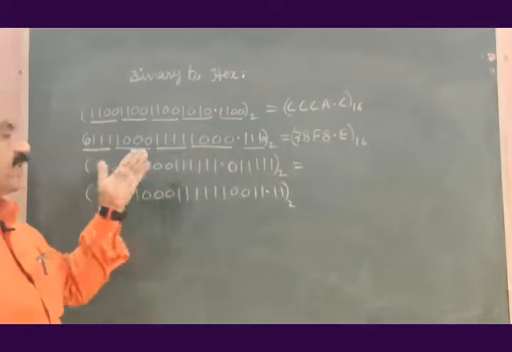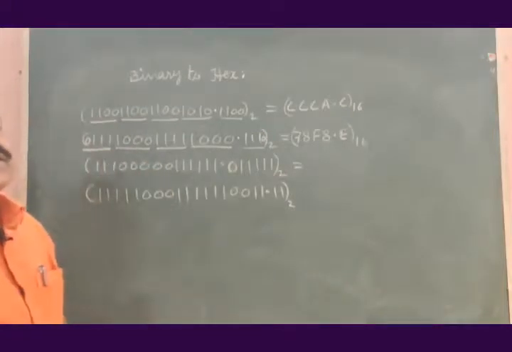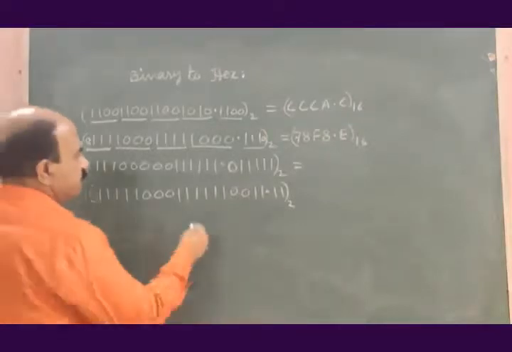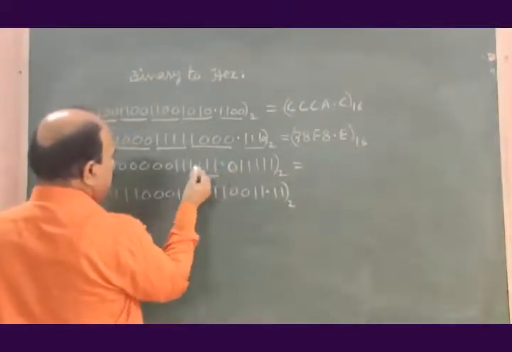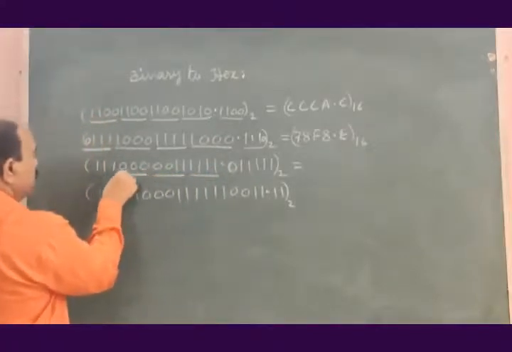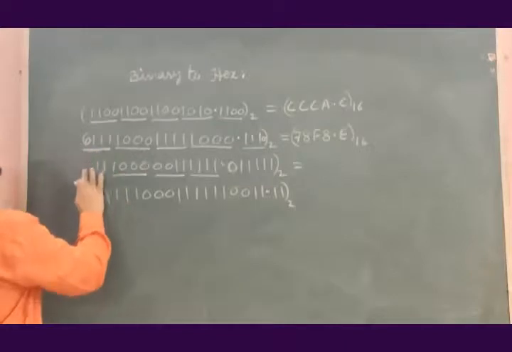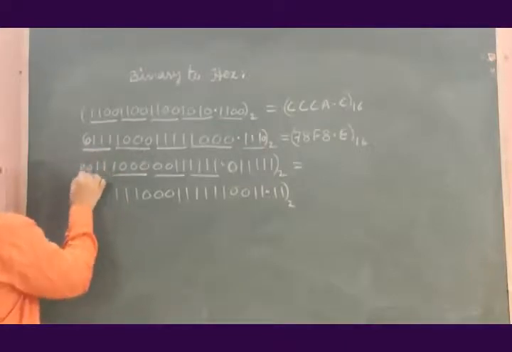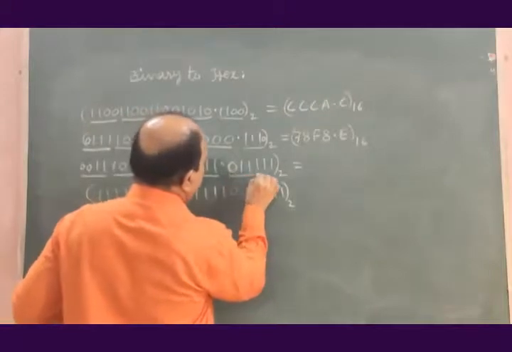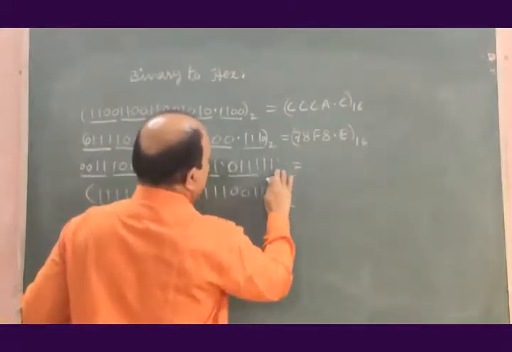Replace each nibble by its equivalent hexadecimal digit. Then 1, 2, 3, add 2 zeros. 1, add 2 zeros.